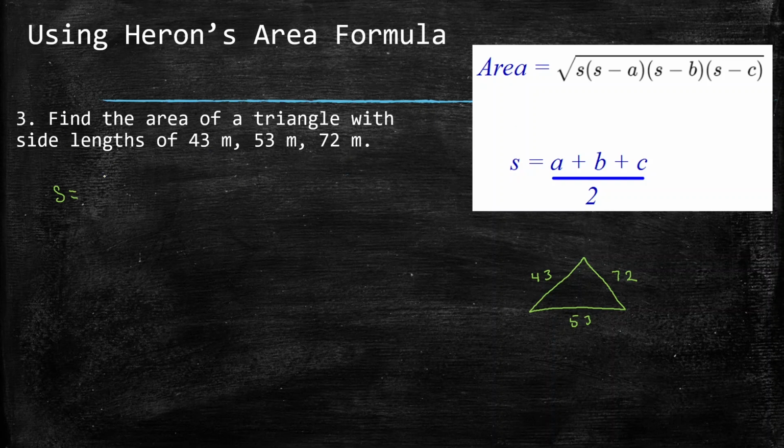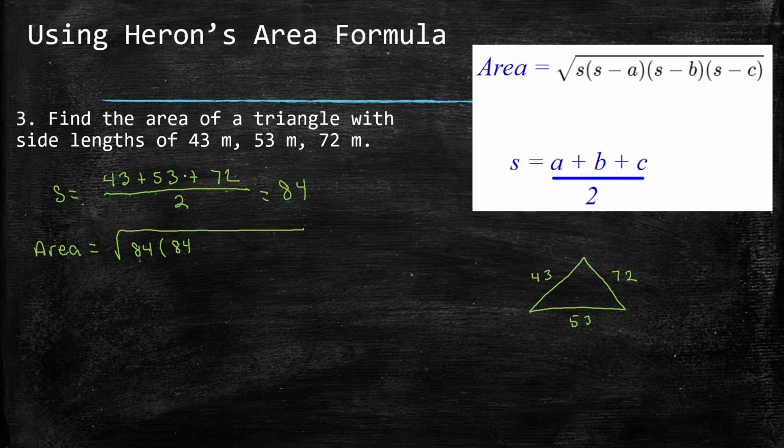So 43 plus 53 plus 72, all divided by 2. And plug that into our calculator, and we get 84. So plug that now into our area formula, and the area is the square root, and it's this massive equation, right? So it's 84 times 84 minus each of these values.